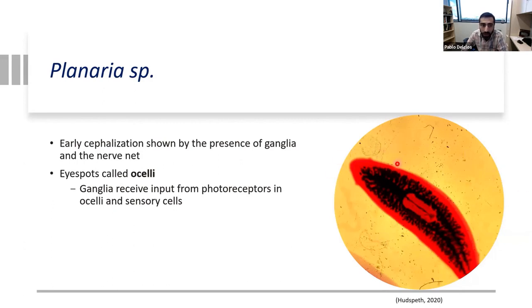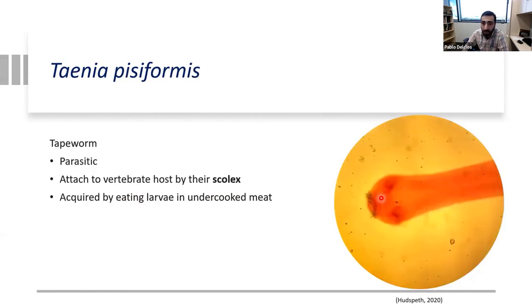Those start to appear in this group. Planaria is an example of a platyhelminth. We also get ocelli, which are sensory cells that are photoreceptive, kind of the basal form of an eye. Some popular animals within this, some infamous ones, are parasitic tapeworms.